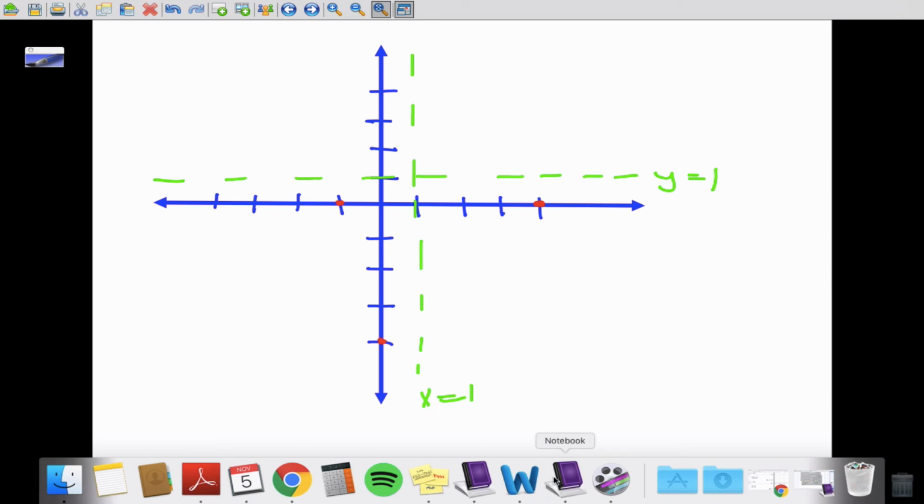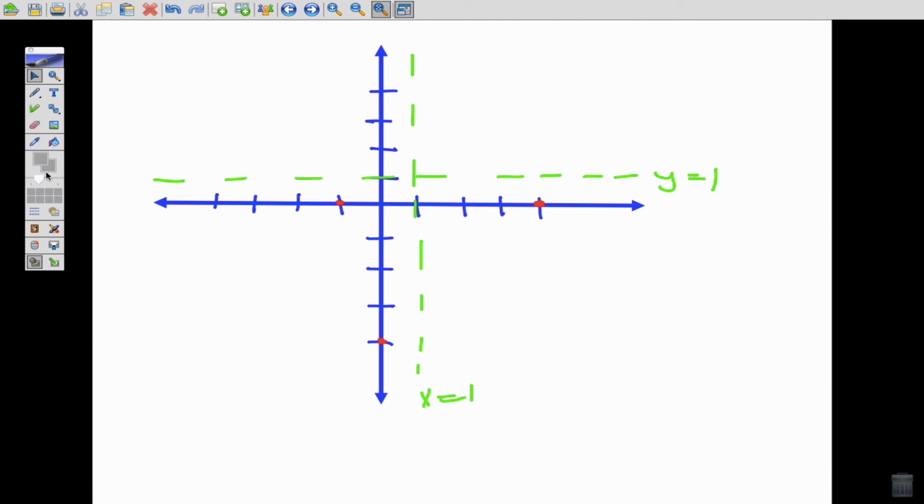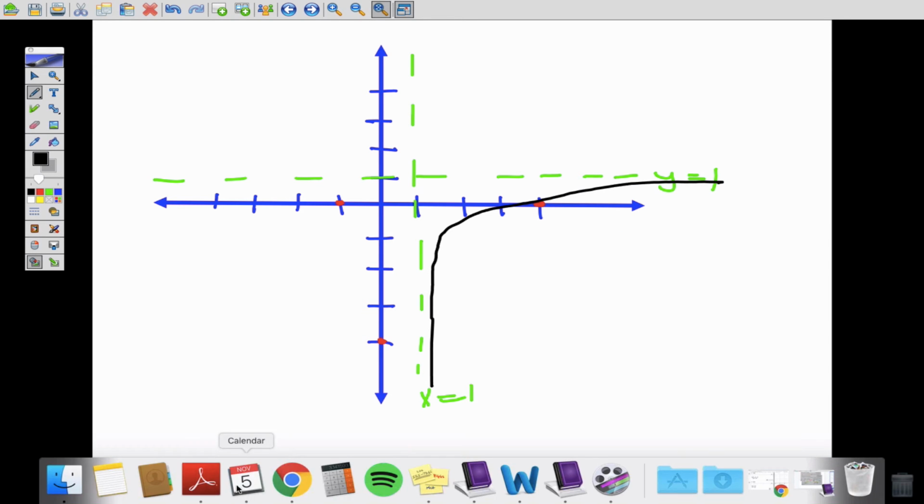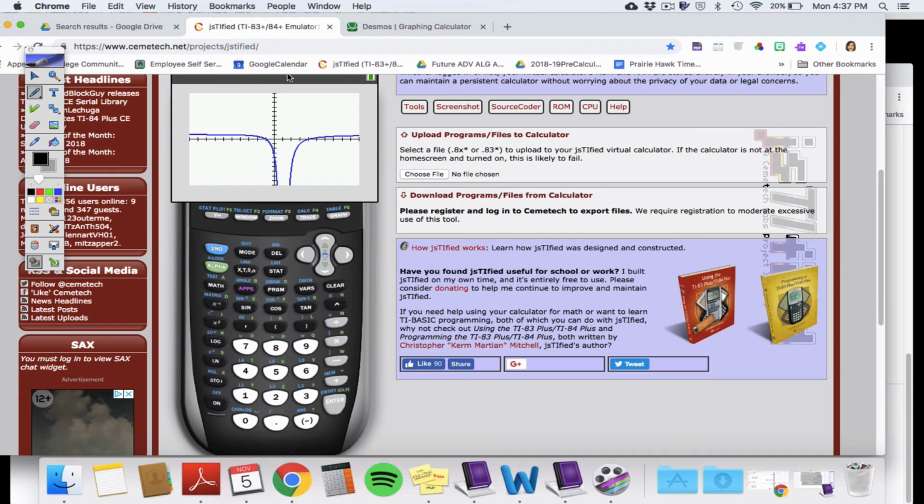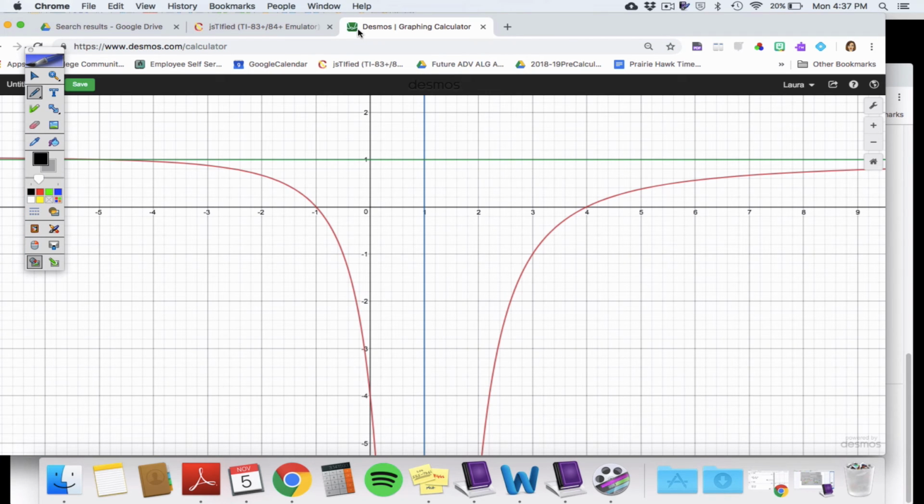It's not going to look perfect, but it's a rough sketch. So we have this portion on the right that approaches this, and goes through this value and then approaches that y equals 1. I'm just going to double check that. Yep, that's what's happening.